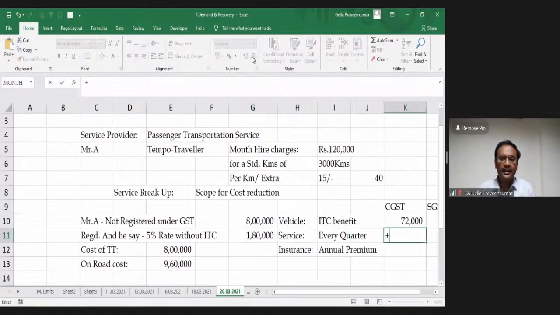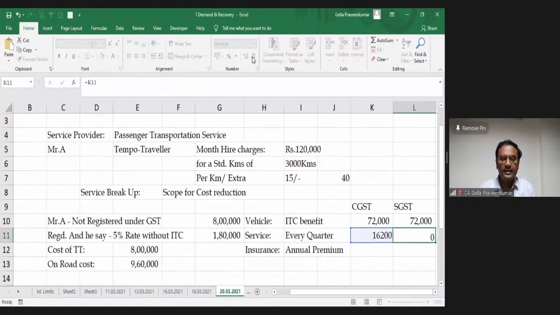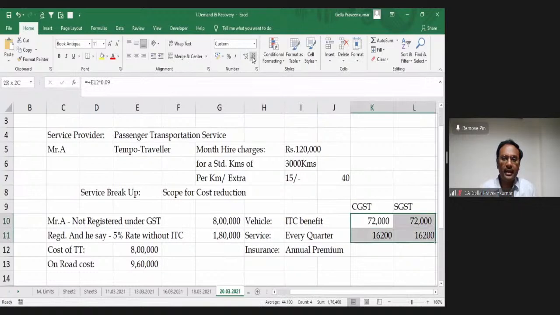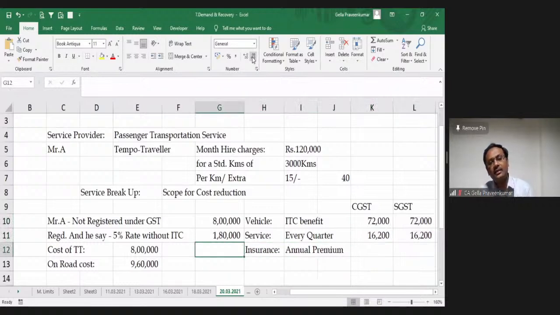Now, on this, if I calculate 9% GST, the showroom person who is going to charge, 16,200 is going to be my cost of maintenance. Next, insurance. Being a vehicle used for transportation, insurance will be a little premium.